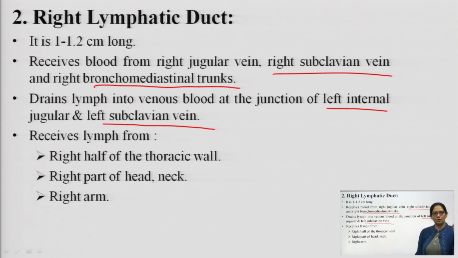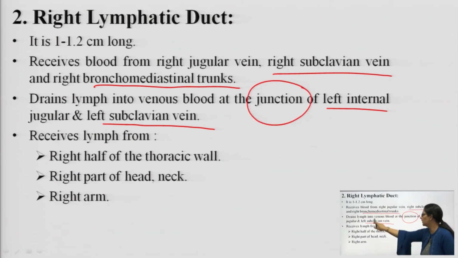Ultimately, whether the duct is on the right or left, they pour the lymph into the junction of the internal jugular and subclavian vein, whether the duct is present on the right side or the left side of your body.